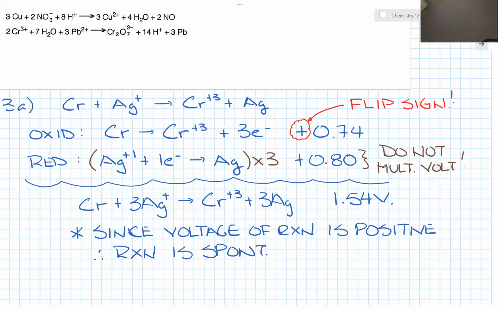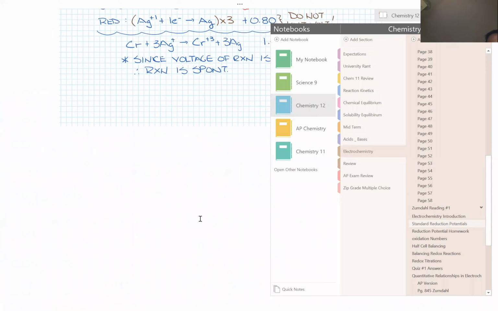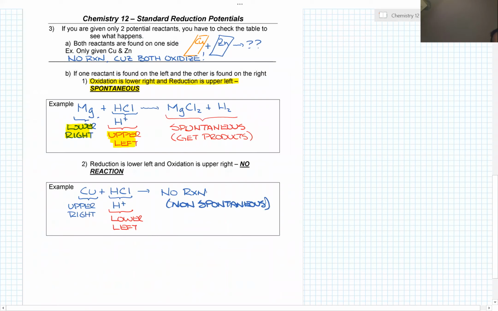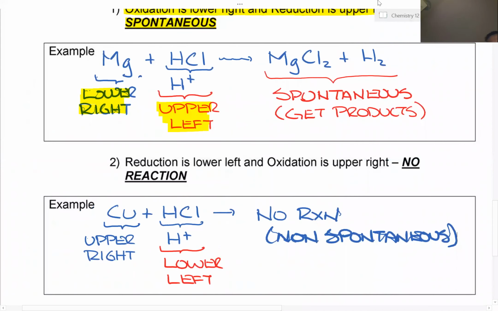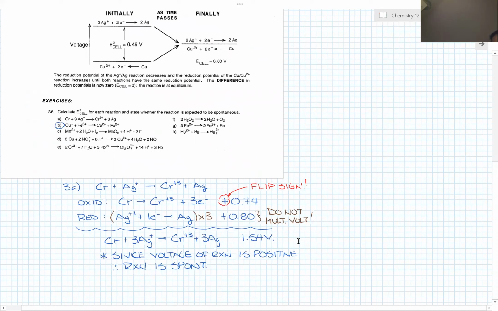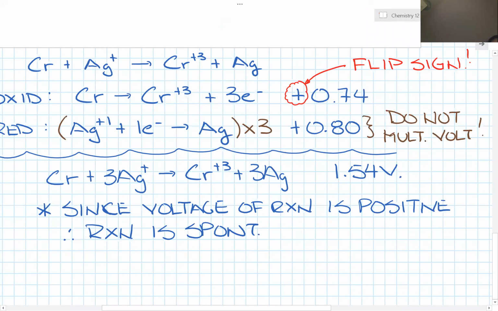Remember when we talked about spontaneous reactions, I said location, location, location. When I introduced the standard reduction potential, I would say things like upper left, lower right. Now we can quantify it by looking at the voltage. So we can say not just upper left or lower right, but that since it is a positive voltage, the reaction overall is spontaneous.